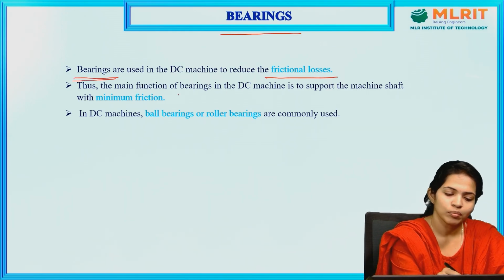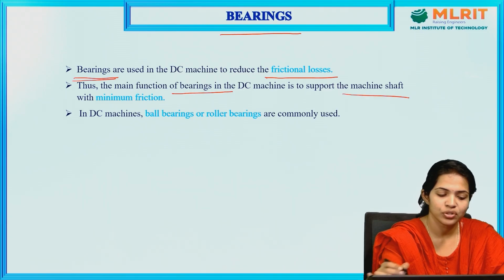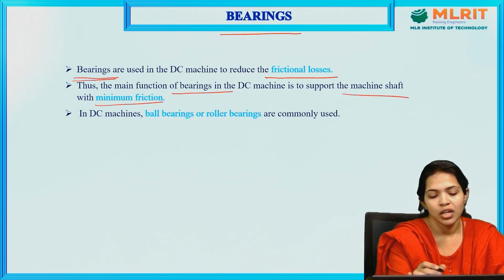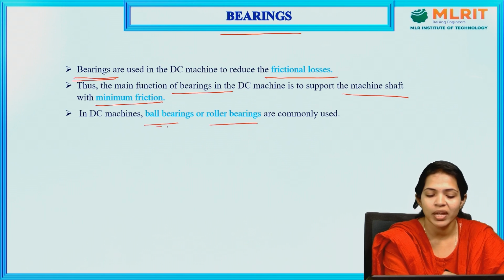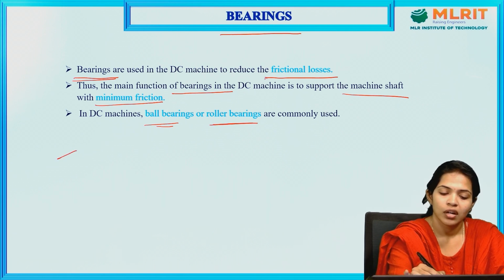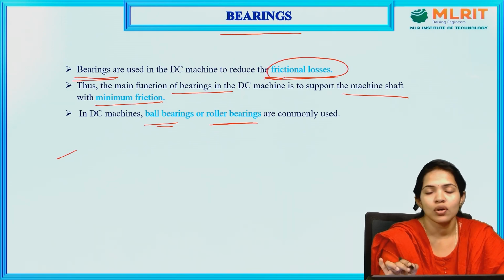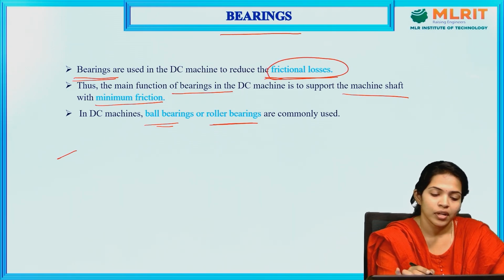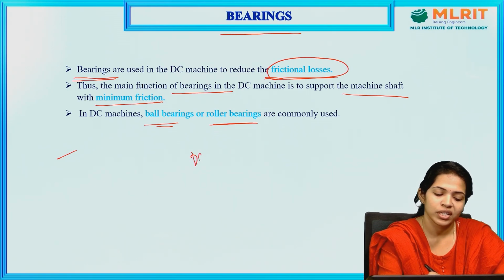Bearings also support the mechanical shaft with minimum friction. The types of bearings used in a DC machine are ball bearings and roller bearings. These are mainly used to reduce the frictional losses in the machines, whether it may be a DC generator or a DC motor.